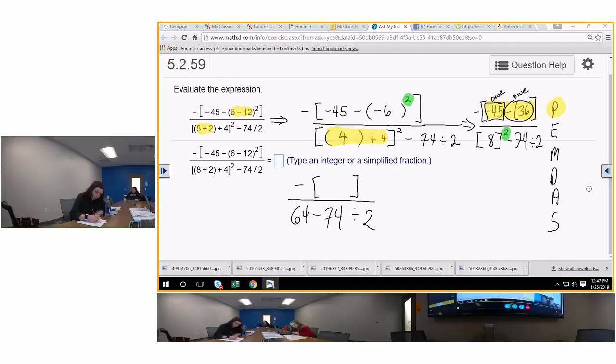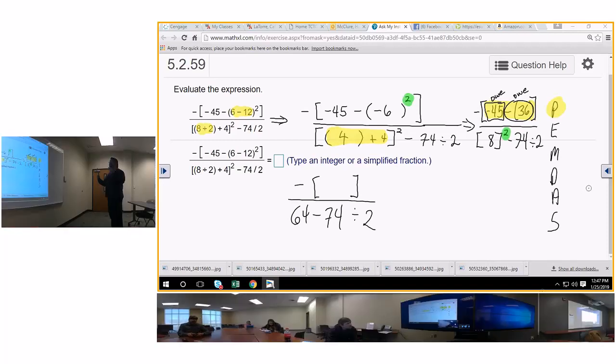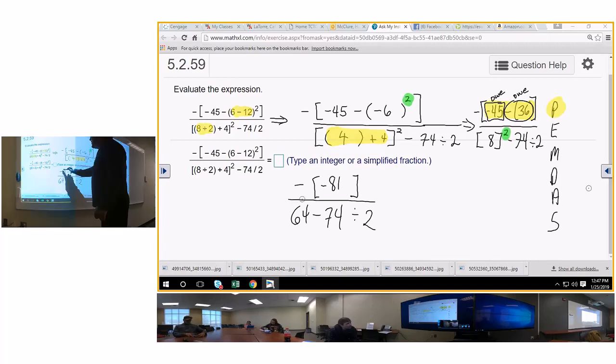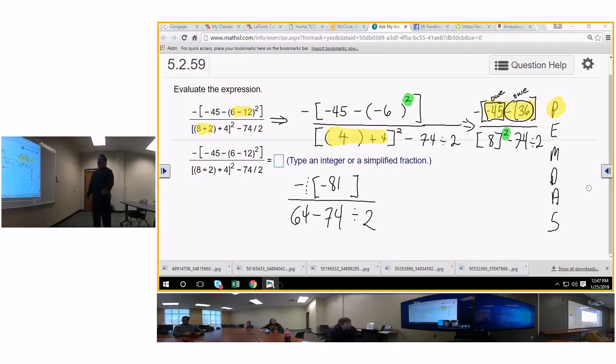So you just add: 81. You owe $81. Now, what's outside of this bracket? Technically right here is a negative 1. So what's negative 1 times negative 81? Positive 81.